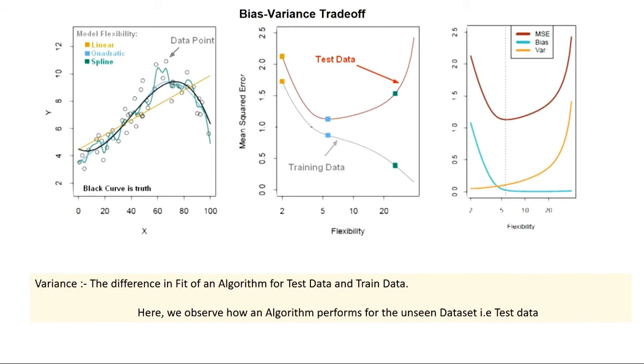So here we observe how an algorithm performs on unseen data, which is also called test data. If an algorithm performs well on the unseen data, we can say that the algorithm has low variance. But if it is not able to perform as we expected, then we can say that it has high variance.